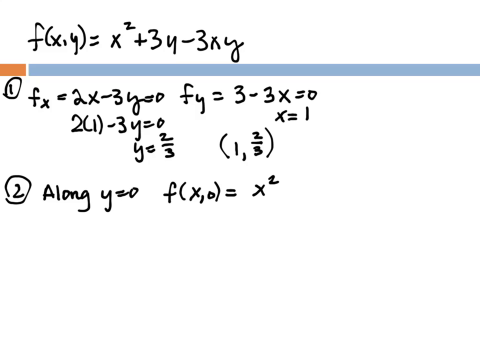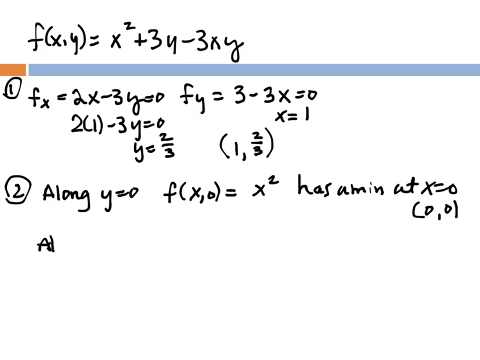What do you know about minimums and maximums on the graph of x squared? There's one. It's a minimum, right? At x equal 0. So this gives me the point (0, 0). I'm actually already testing (0, 0), so that doesn't give me anything new. But it is a possible place where I could get new information.